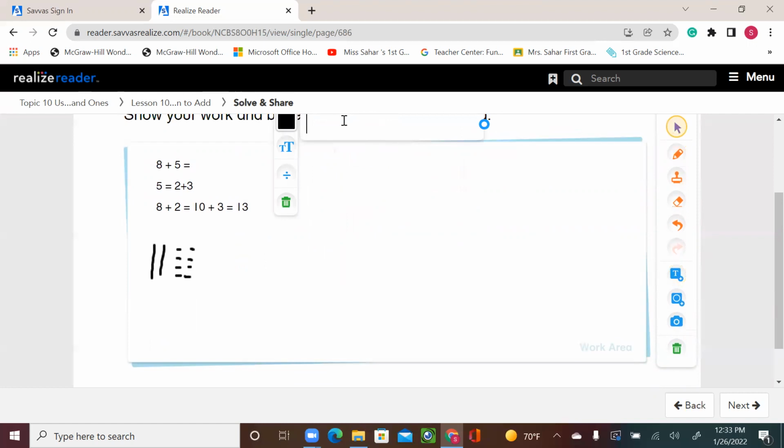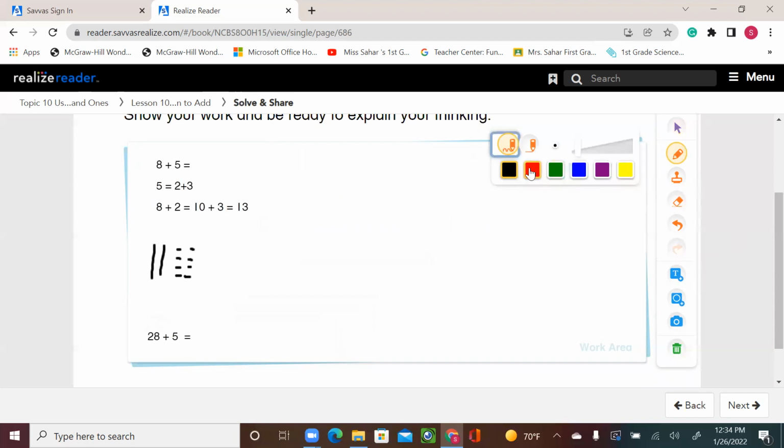Let's write the equation. 28 plus 5 equals. So here's 28. Now I need to put the 5. So let's draw my 5. Use a different color. 5 ones. So 1, 2, 3, 4, 5.